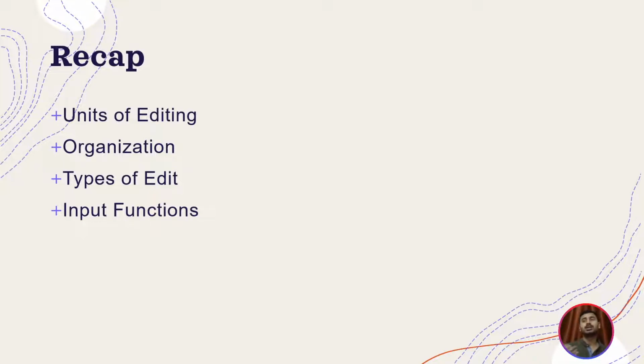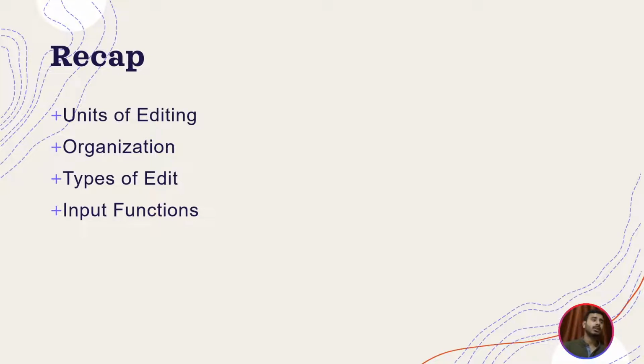Types of edit is different types of ability to trim or manage or move clips, like trim edit, ripple edit, or override edit, place on top, and all that. And input functions are different types of functions that allow you to add or subtract clips onto the timeline.